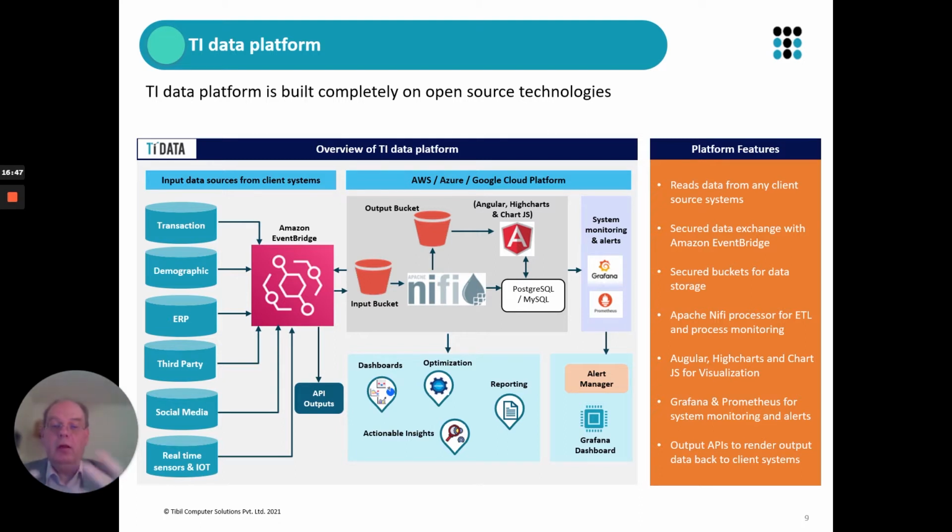It's using open source technologies mainly, which makes sure that it is relatively cost competitive, and it has a high cybersecurity aspect in it. I think the most important thing I would like to stress right now, because we don't have all the time to go into all the details, is the input data sources from client systems.